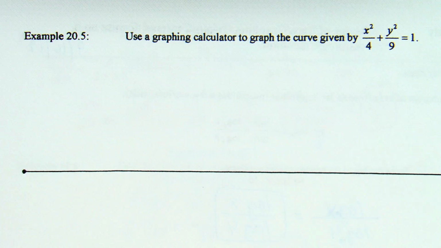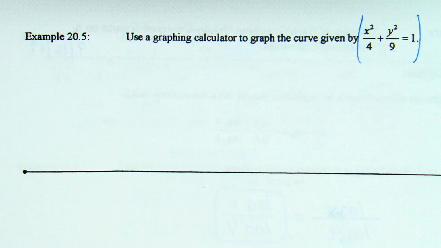Okay. One more, guys. If we're going to use the graphing calculator to do this, what do we need to do? Okay, we want it to be y equals. How are we going to get it to be y equals? Okay, we want those fractions gone. 4 and 9 have a common denominator of 36.